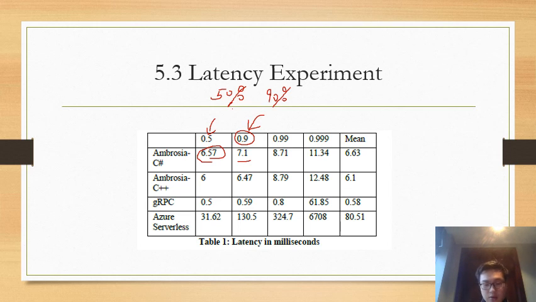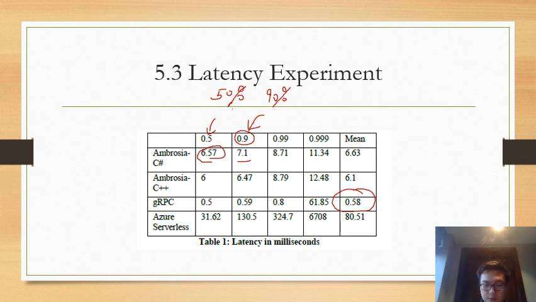Okay, so you can see that gRPC has the smallest latency because it simply sends a message across the wire from one machine to another. The latency is really small, and Ambrosia, on the other hand, must make 2 sequential round trips to the disk.